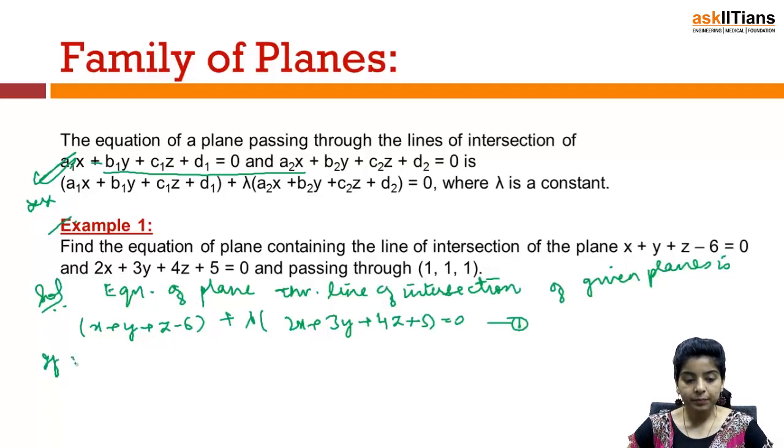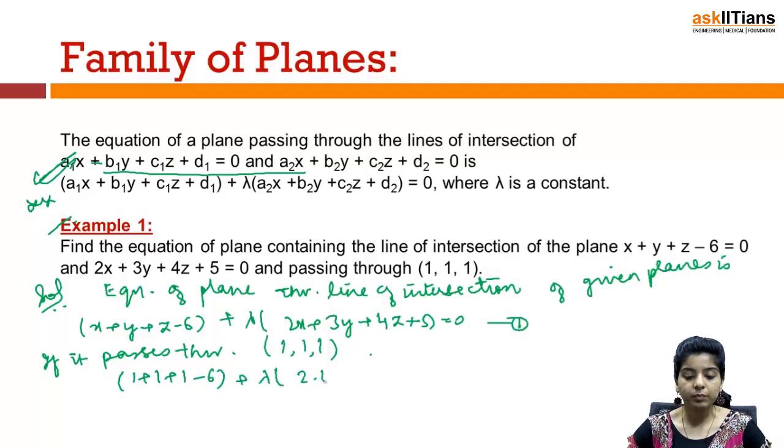Now whenever you are given that it passes through a certain point, that automatically means that particular point is going to satisfy that equation. So 1 1 1 will satisfy this equation, that means 1 plus 1 plus 1 minus 6 plus lambda times (2 into 1 plus 3 into 1 plus 4 into 1 plus 5) would be equal to 0.